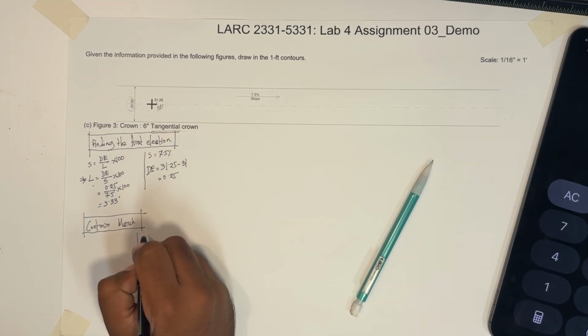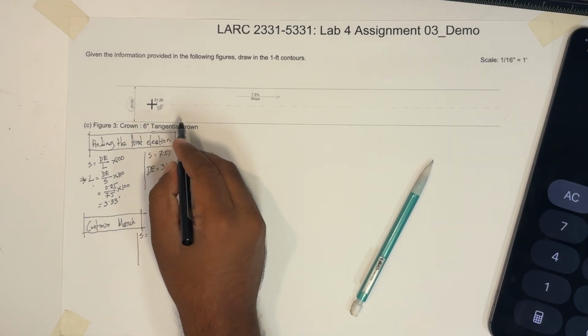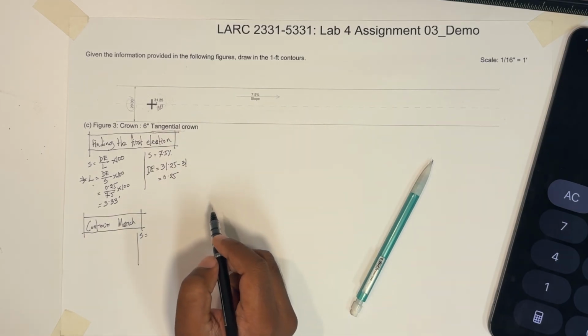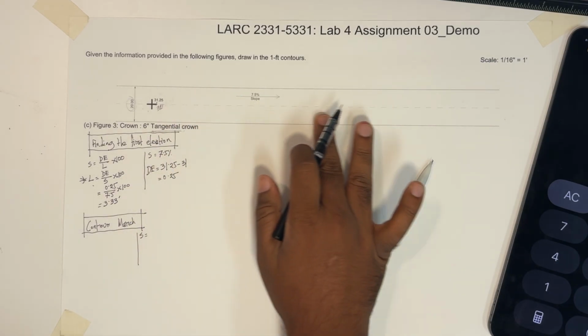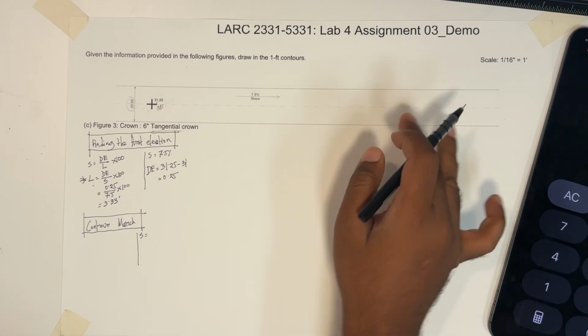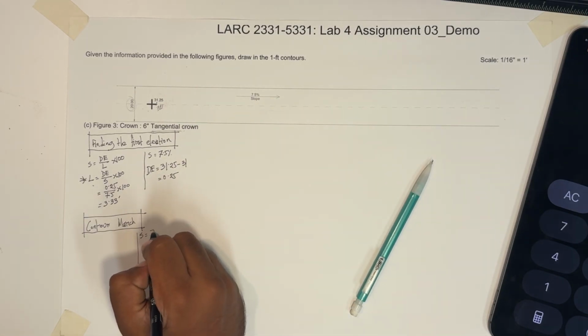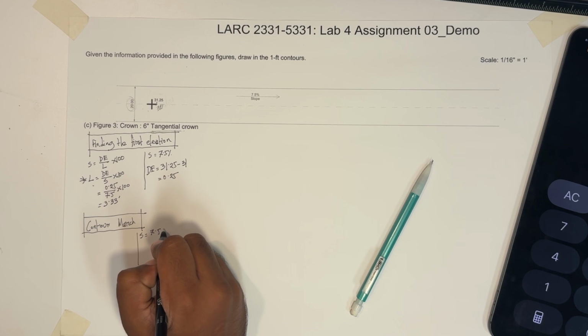For that, S is going to be the same because S is uniform all through the road, lengthwise. So 7.5%.